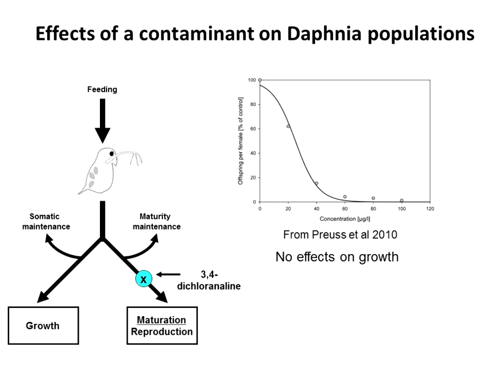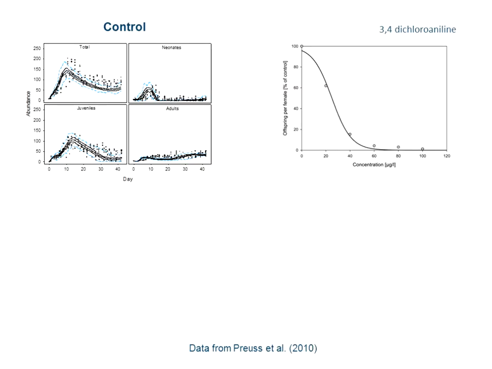That slide, for some reason, came up twice. The effect on reproduction is illustrated here, and again, that's just saying where the parameterization came from. And the next sequence of slides shows what was predicted for the chemostat experiments.